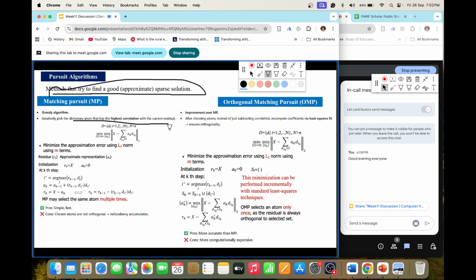In the first step there won't be any residual, so it just multiplies your data point with your basis vectors and checks for which basis vector it gets the maximum correlation, or maximum answer. Then it tries to minimize the residual.